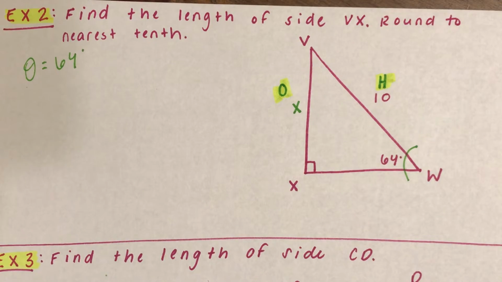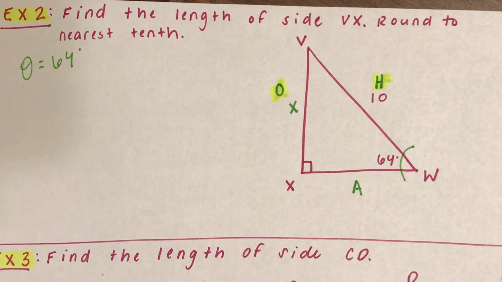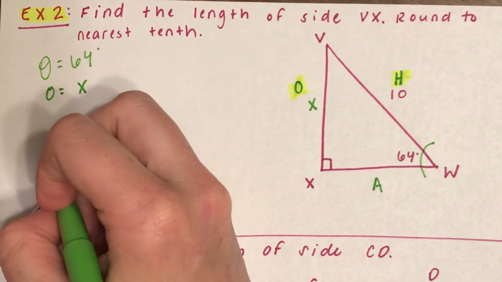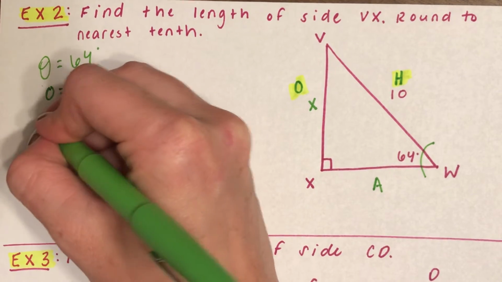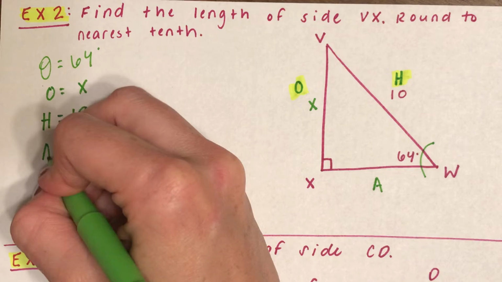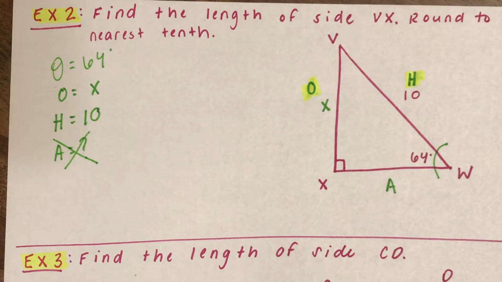Okay? All right, and then my adjacent side is down here on the bottom. We don't know what that is, so we're not going to use it. And it's not what we're asked to find. Okay? So my opposite side is x, what I don't know and I'm trying to find. The hypotenuse is 10. And then my adjacent side we don't know, so we are not using that.